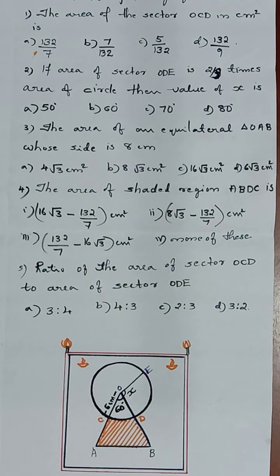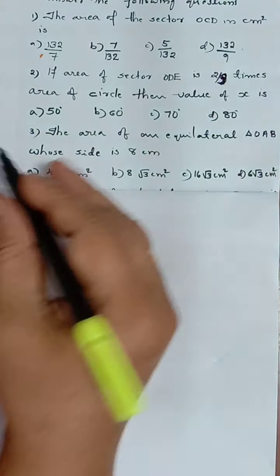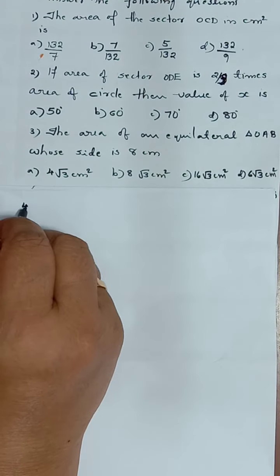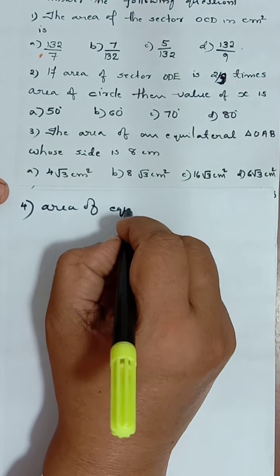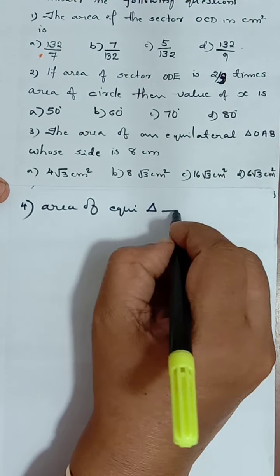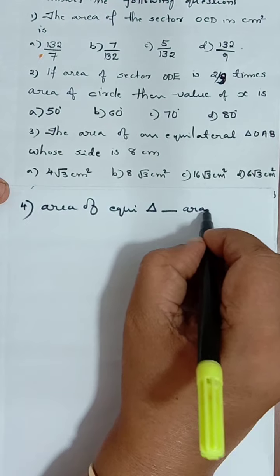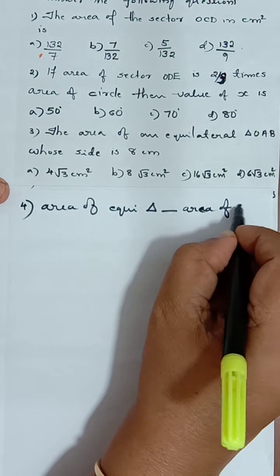So for the fourth question, that is area of equilateral triangle minus area of sector.